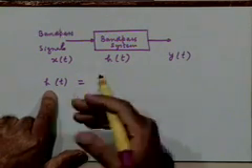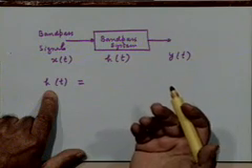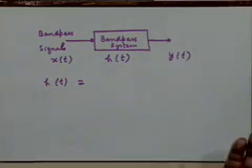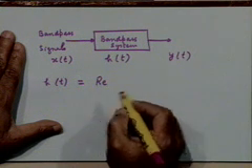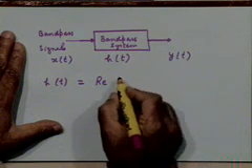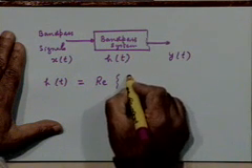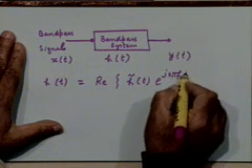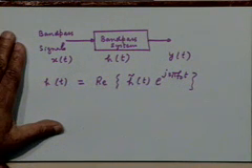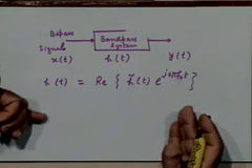So h of t itself has a complex envelope representation, isn't it? Because h of t is also bandpass in nature. So I could think of this as the real part of h sub p t. And what is h sub p t? h tilde t e to the power j 2 pi f naught t, right? I am just repeating what I have already said for x of t.